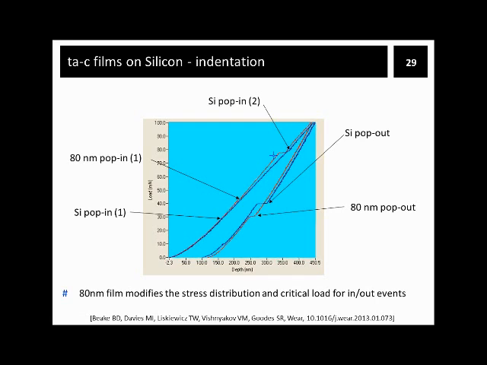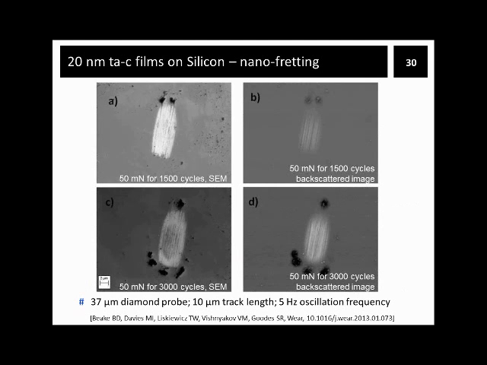The pop-out during unloading occurs at higher load on the uncoated silicon. So this data show that mechanical response of a coated system is slightly modified by the coating. However, it is still heavily influenced by the mechanical behavior of silicon substrate.